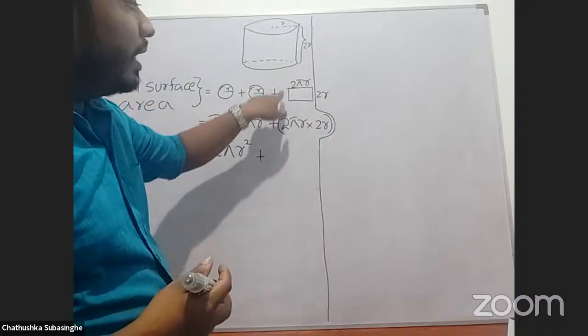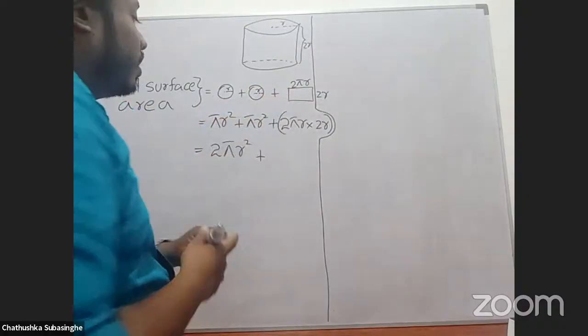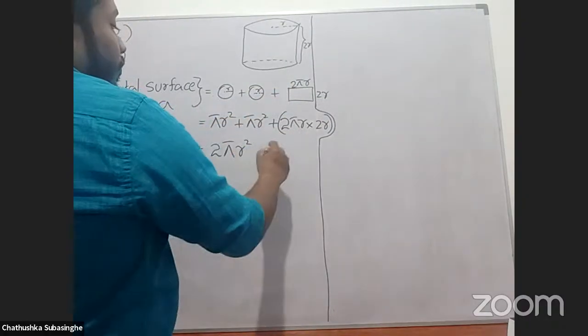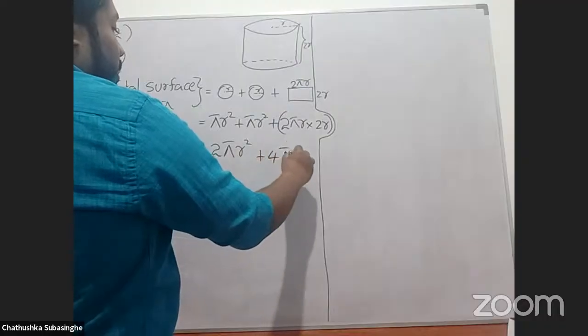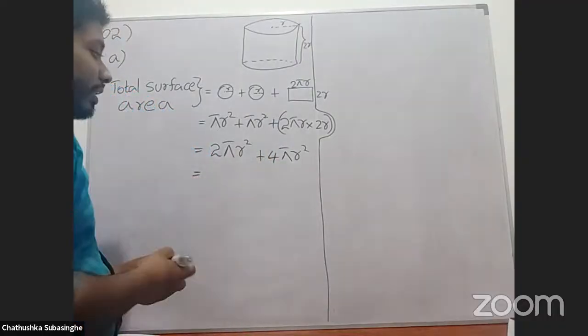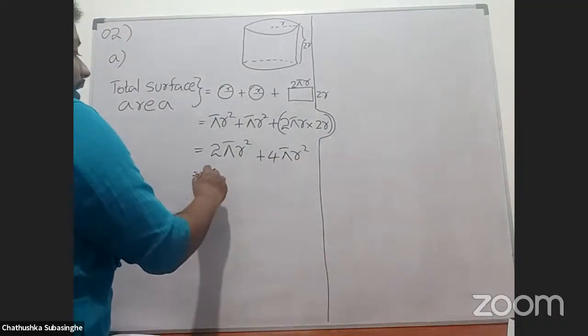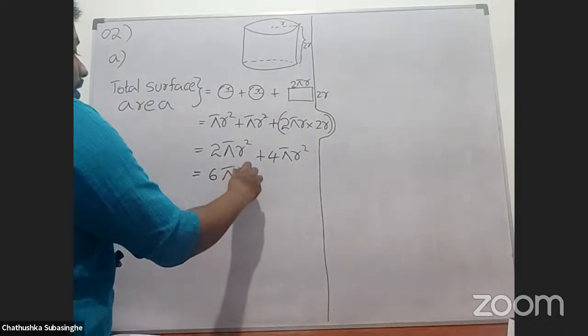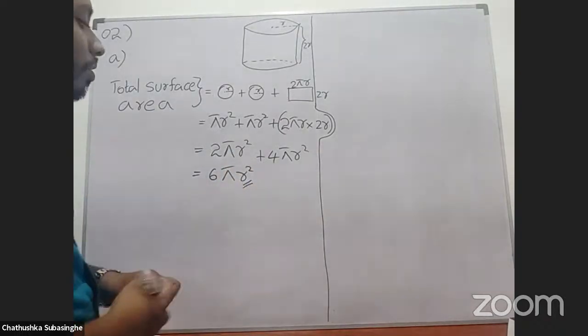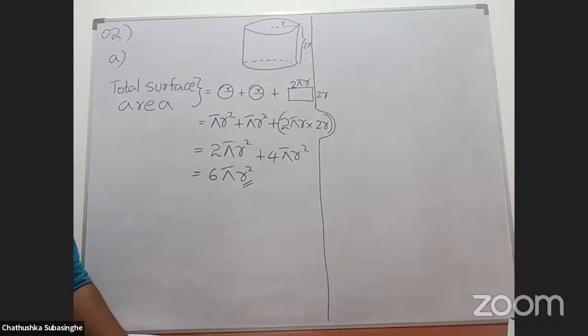So to find the area, 2 pi r into 2r gives 2 times 2, 4 pi r squared. So altogether, 2 pi r squared plus 4 pi r squared makes 6 pi r squared.